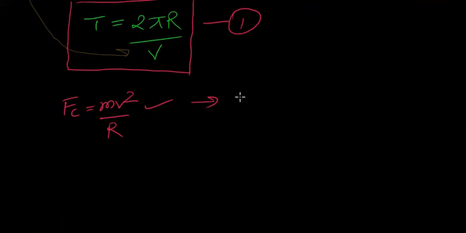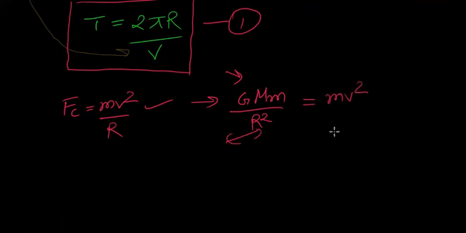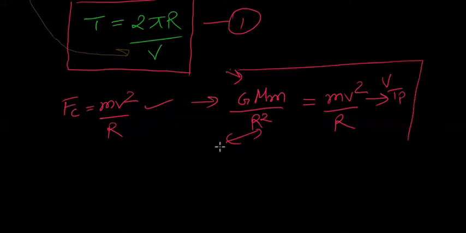So G capital M m upon r square, where r is the distance between planet and sun, is equal to m v square by r, where v is the tangential velocity of the planet. This will be the second equation.